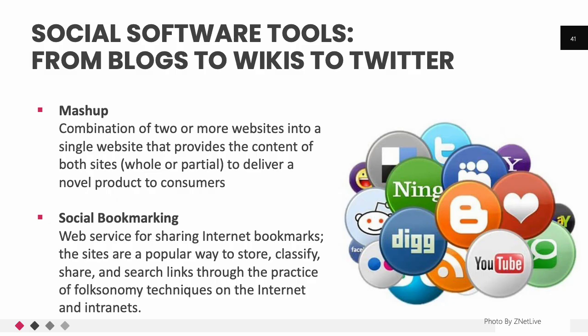The other people can see the links that you have saved and tagged, and you can see theirs too. So it's a very popular way to store, to classify, to share, and to search links.